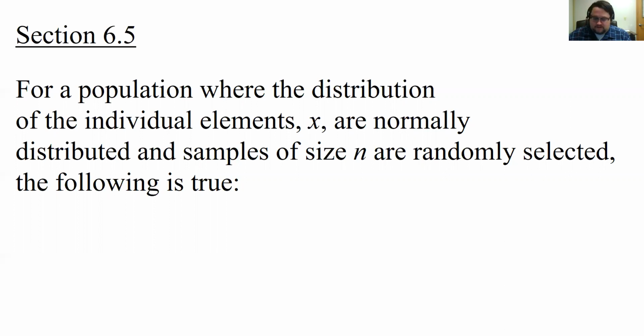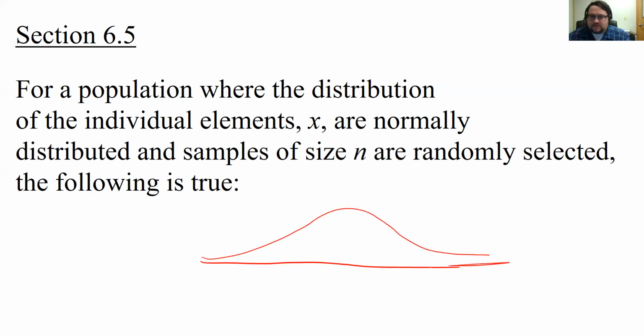So again, kind of understanding what we're talking about here, we have a population and it has that normal bell curve distribution that we're drawing from. And what we're going to do is pick samples of size n.